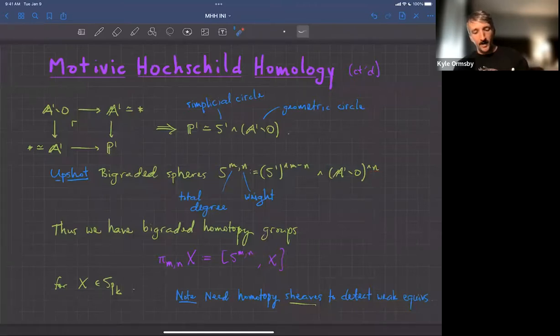So we get these bigraded homotopy groups where we map S^{m,n} into a motivic spectrum X. Well, if X is cellular or some other technical conditions, that might be enough to detect weak equivalences. But of course, in general, we'd have to pass to homotopy sheaves to detect those weak equivalences.